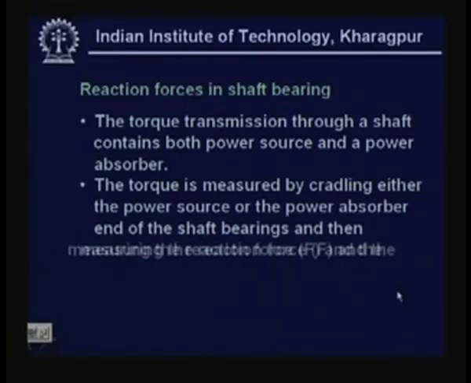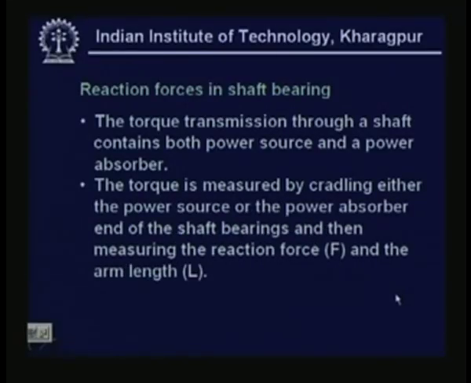The torque is measured by cradling either the power source or the power absorber end of the shaft bearing, and then measuring the reaction force F and the arm length L. The torque is given by F into L. L is fixed, so we measure F, and this gives the torque.